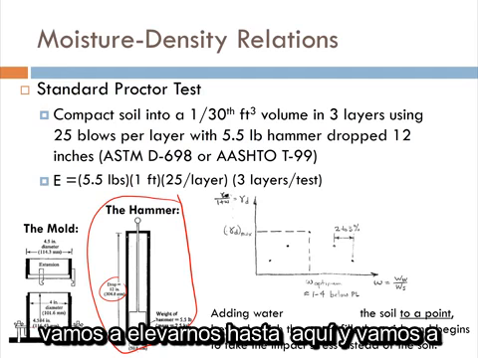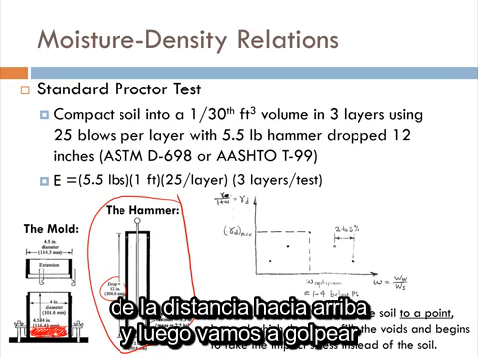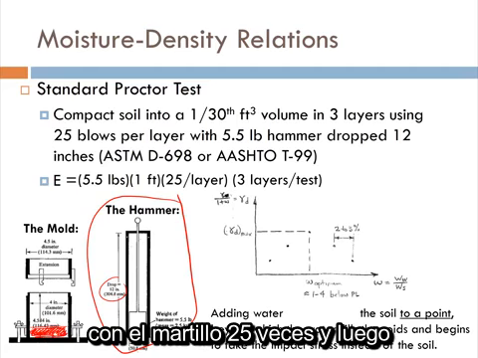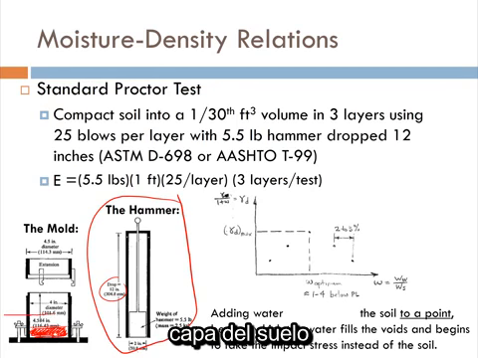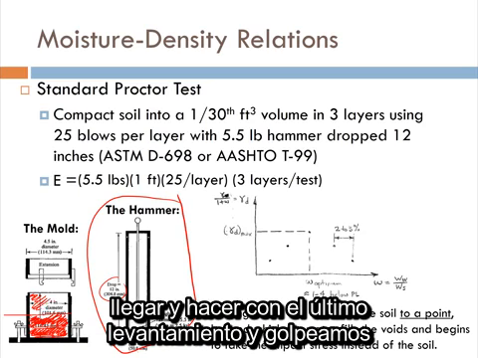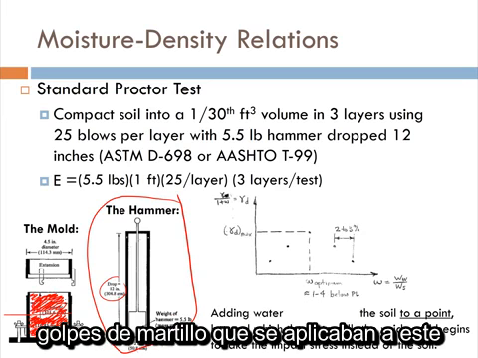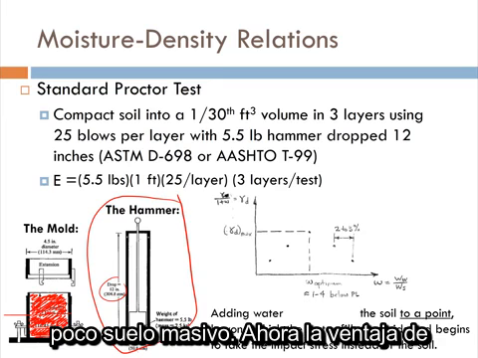So for instance, we're going to put one lift down, fill it 1/3 of the way up, and then pound it with the hammer 25 times. And then we're going to put another lift in and pound that 25 times. And then we're going to do the final lift and pound that 25 times. So all together we have 75 hammer blows that we're applying to this little mass of soil.